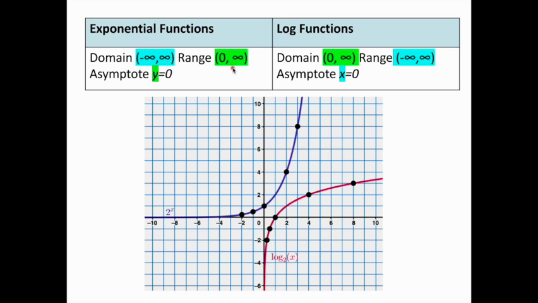The range of the exponential function is from 0 to infinity. There is a horizontal asymptote here at y equals 0, so it's not going to touch y equals 0, but it's going to go on forever in the positive direction, unbounded. So my range is going to be from 0, not including 0, up, unbounded in the positive direction. So you can see how all the x's and the y's get swapped.